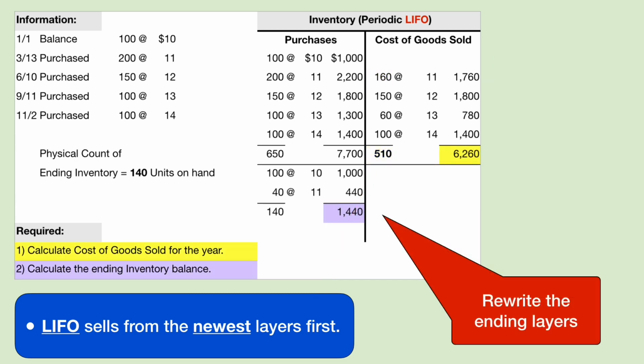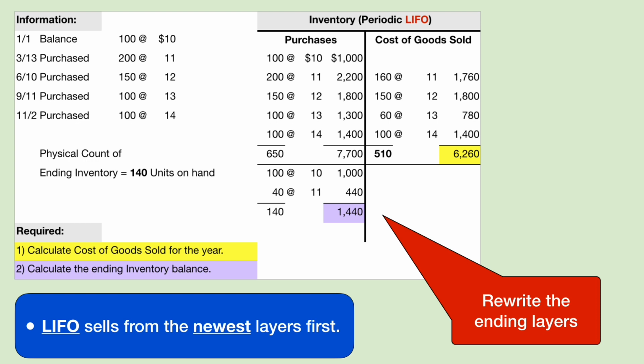So our ending inventory is in purple there, 1,440. And our cost of goods sold is 6,260. And in the periodic method, we're not using barcode technology. And so periodically, once a year, we are going to debit cost of goods sold and credit inventory for 6,260 as a year-end adjusting entry.